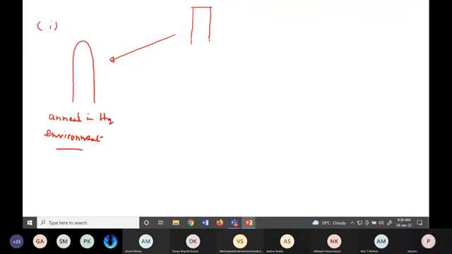Okay. You can taper the fin. So second approach is you can taper the fin. Tapered fin.